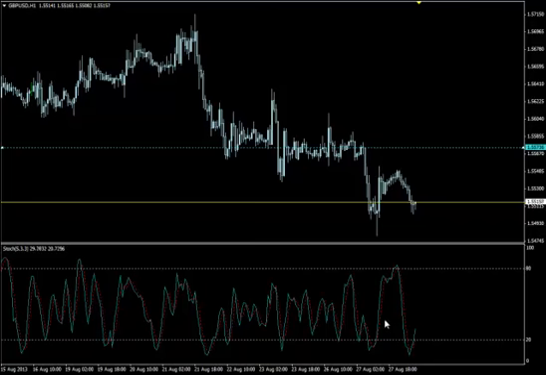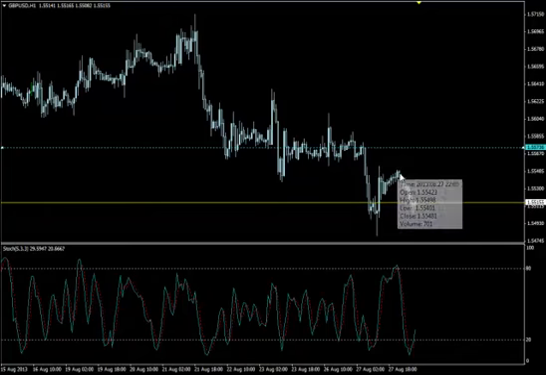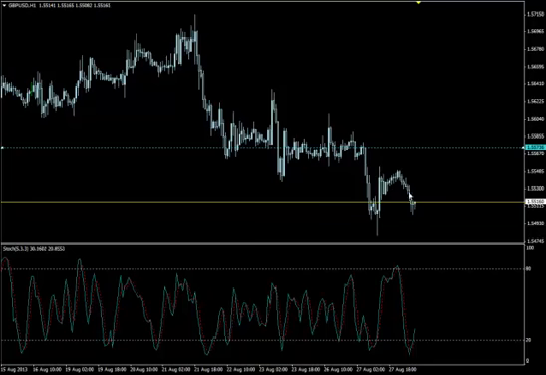The move from yesterday is shown here. We had the stochastics plunge in the oversold area, and they touched the 20 level going upwards, giving these strong bullish candlesticks many hours ago. We had this upward move, and then see how this fall was reflected in the stochastics.